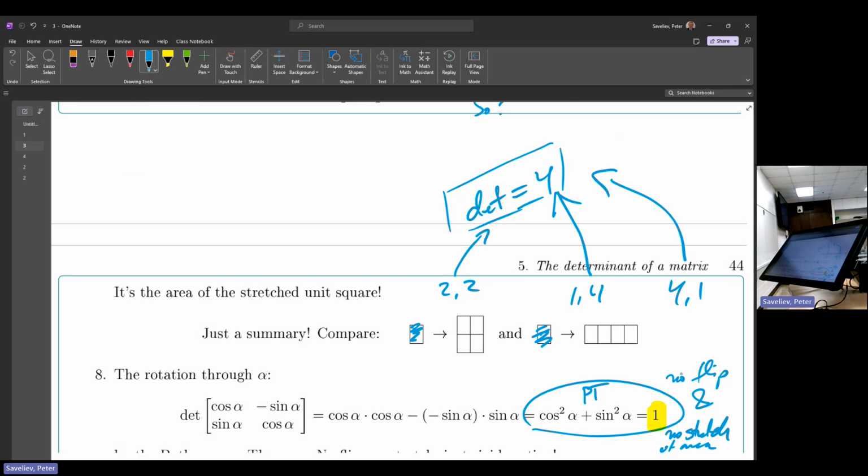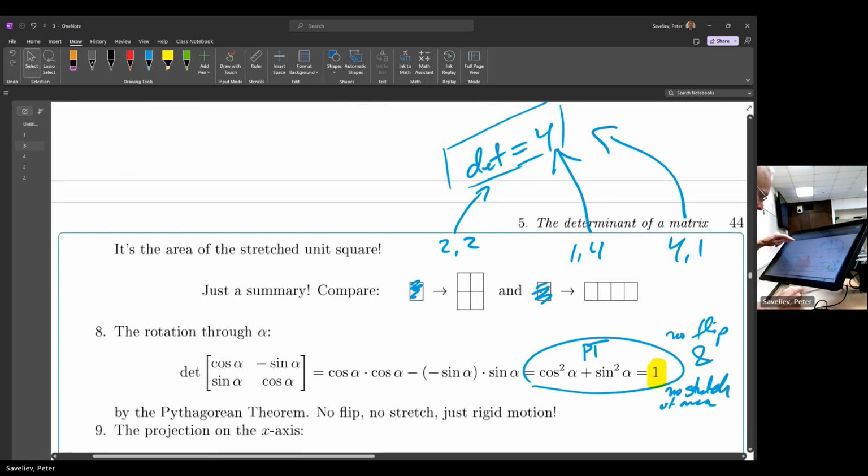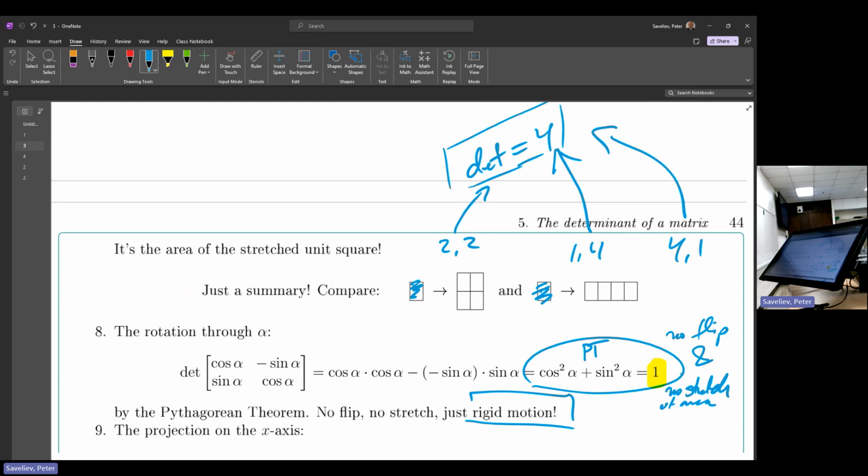That's the best we can conclude, but it's pretty good. And there is no flip. So it is a rigid motion. We haven't demonstrated that, but a rigid motion will always have determinant equal to 1.